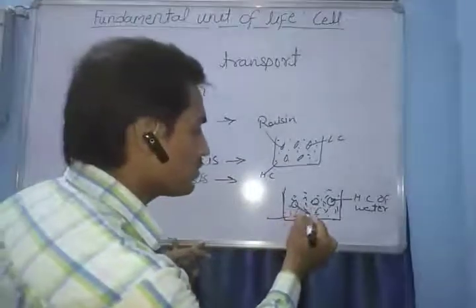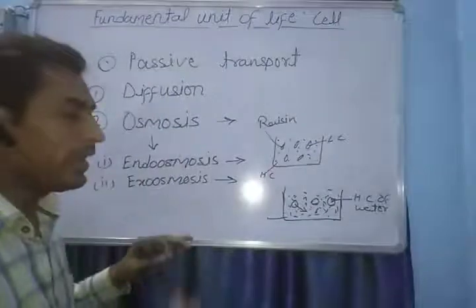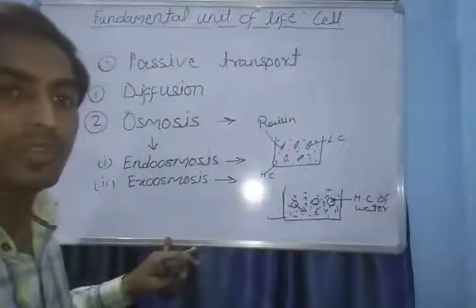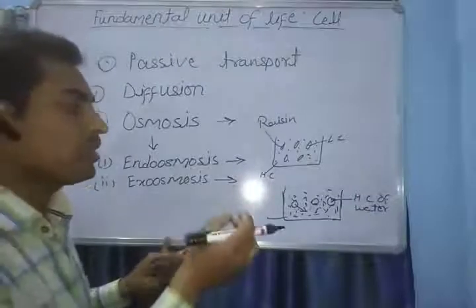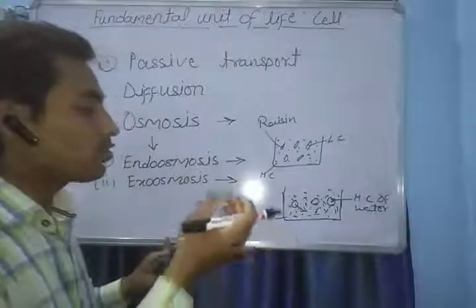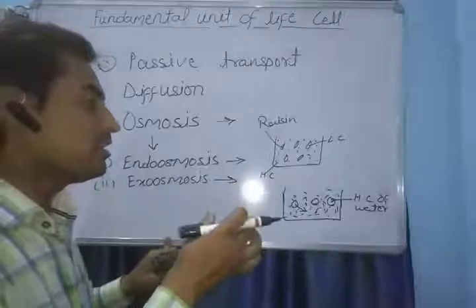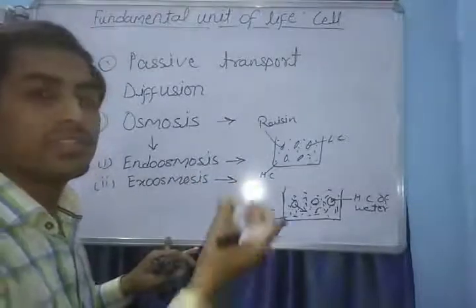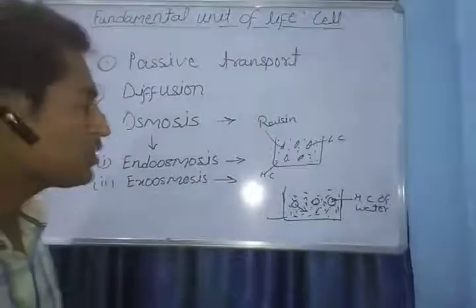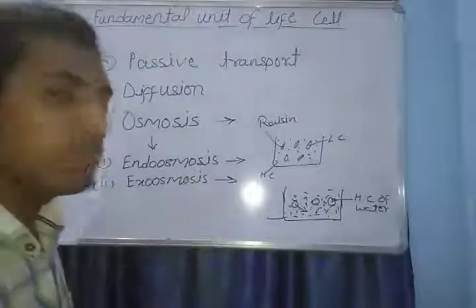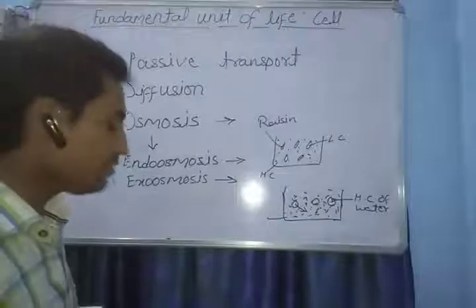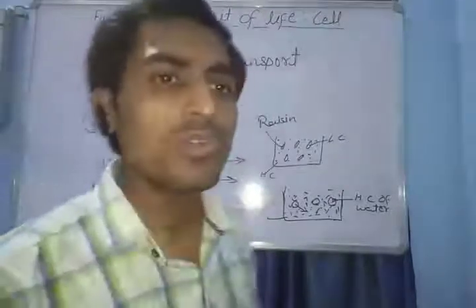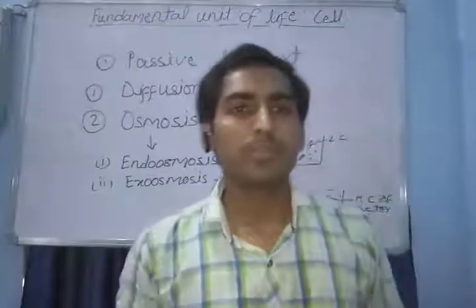Water comes outside, and after some time the raisin shrinks, losing water. This shows the case of exo-osmosis. I shall show you in the next video with the help of an experiment.